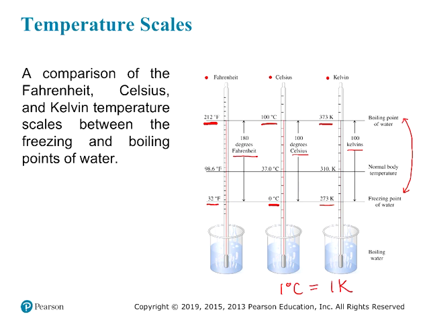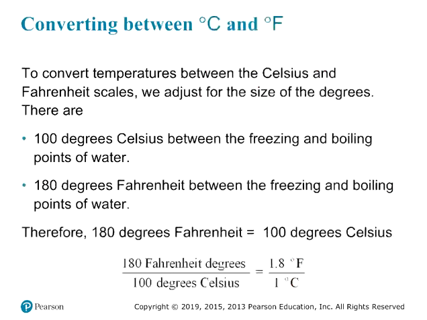So now, how do we actually convert between Fahrenheit, Celsius, and Kelvin? To convert between Celsius and Fahrenheit, we need to adjust for the size of those degrees, because remember, there are 180 Fahrenheit degrees in between the freezing and boiling points of water, but there are only 100 degrees Celsius between the freezing and boiling points.